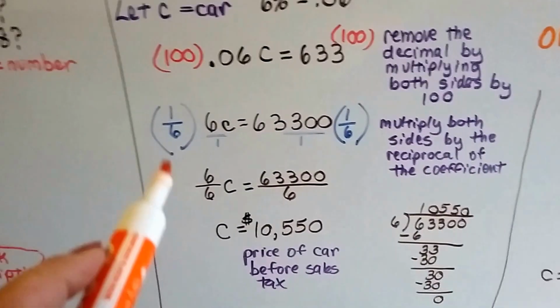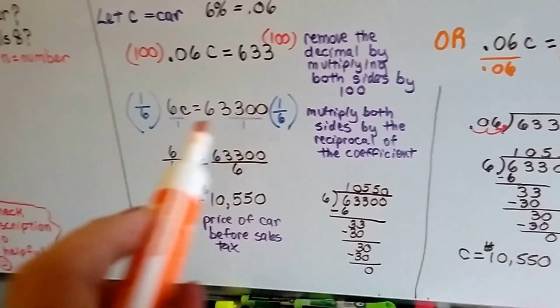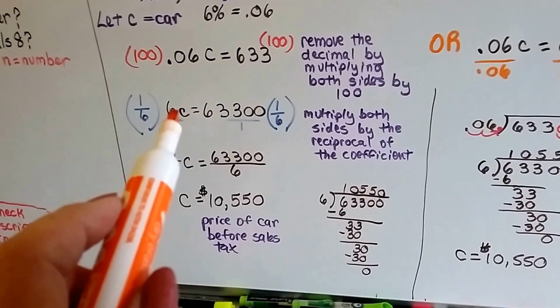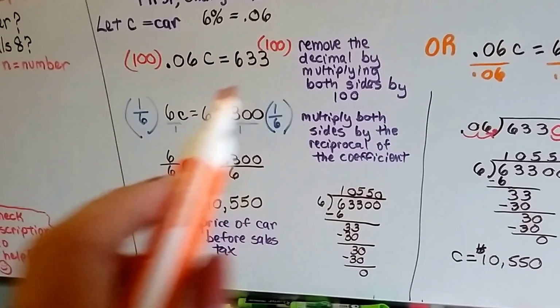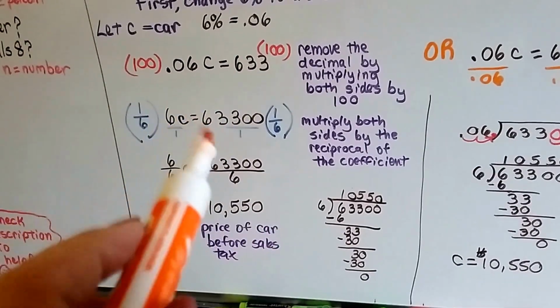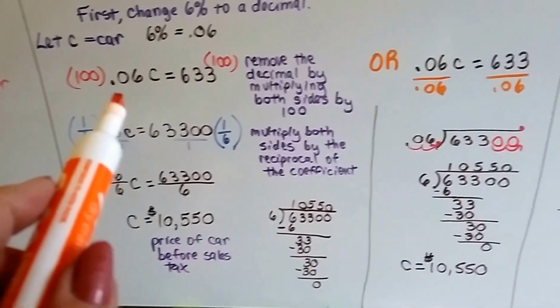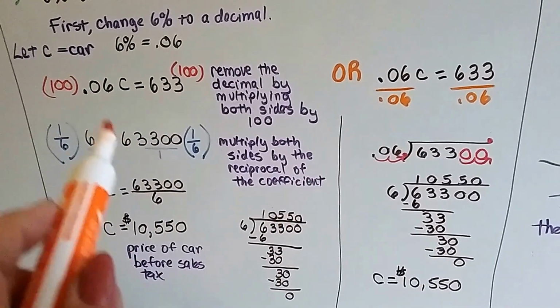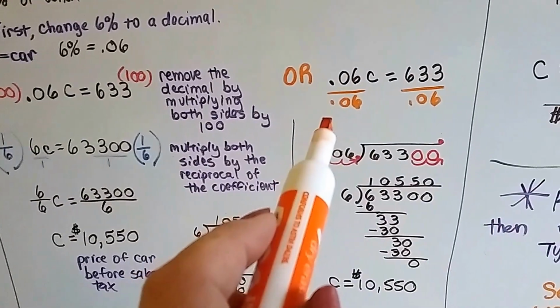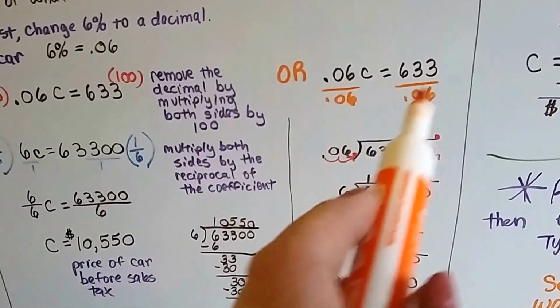Now, we also could have done it a different way. Once we were here at the 6c, before we multiply it by 100, if you want to do it quicker, what we could have done was, here we have the 0.06c equals 633, see, right here. All we had to do is divide both sides by 0.06.